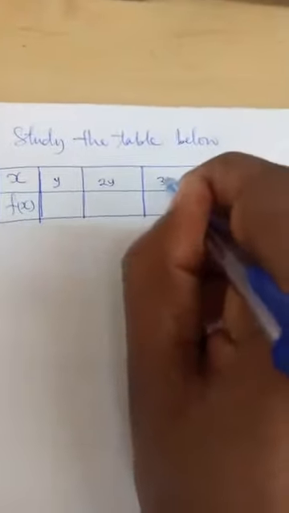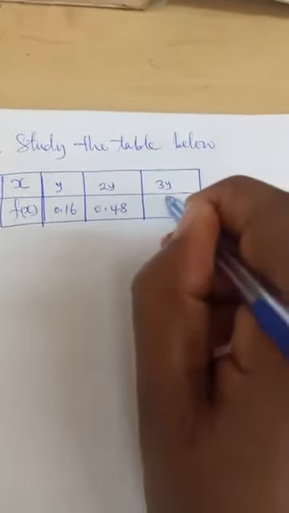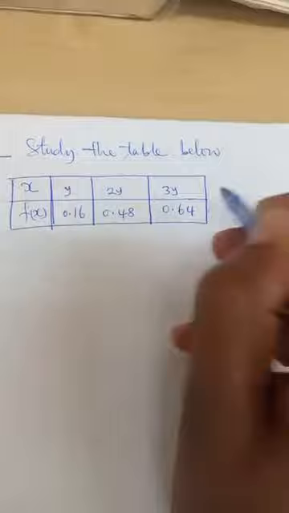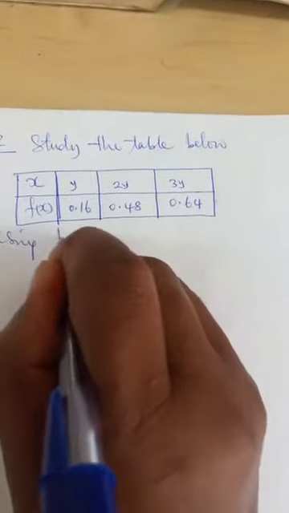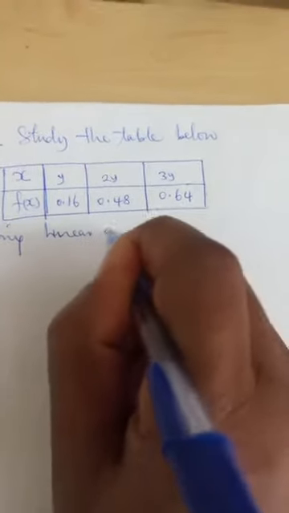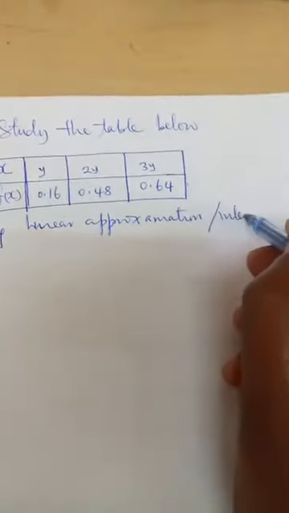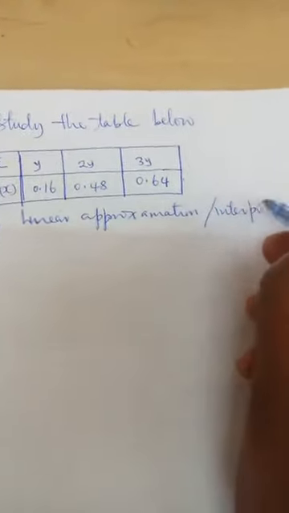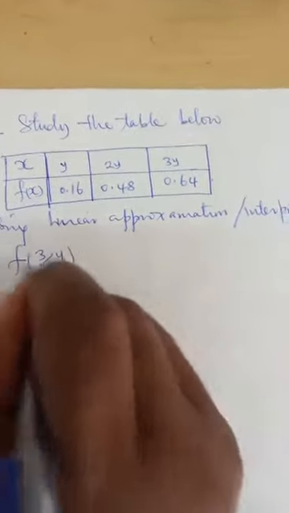We have the table given as this: 0.16, 0.48, 0.64, and they are saying using linear approximation, or otherwise it can be called interpolation or approximation, we should find part 1, f of 3 out of 2y.